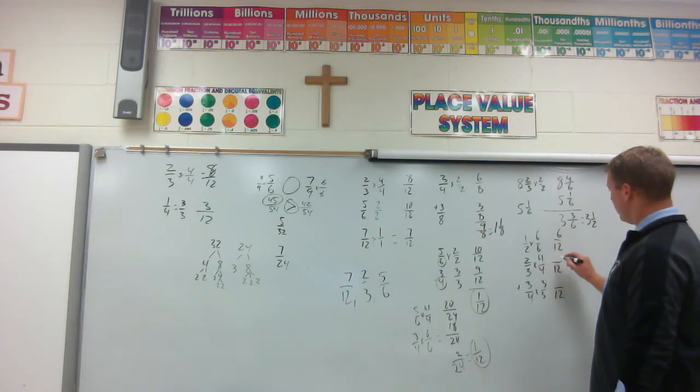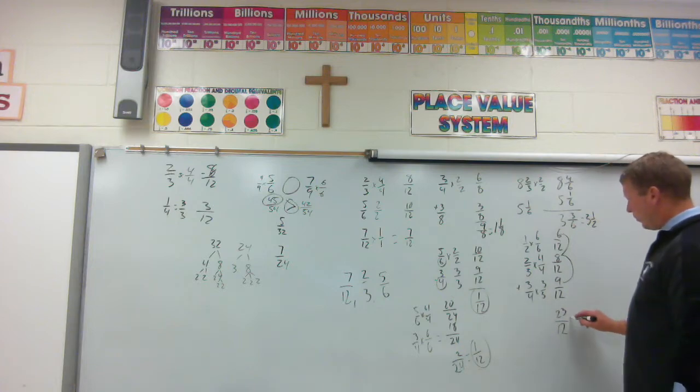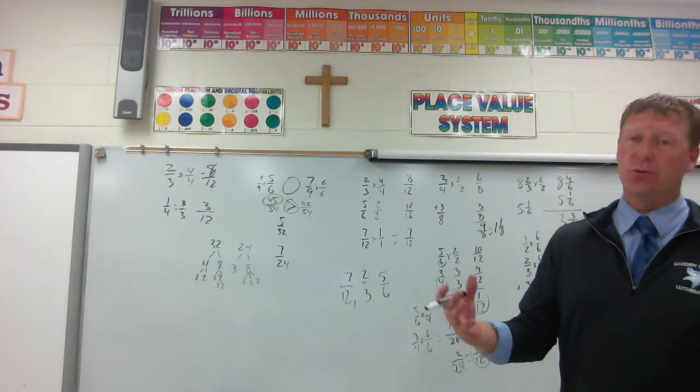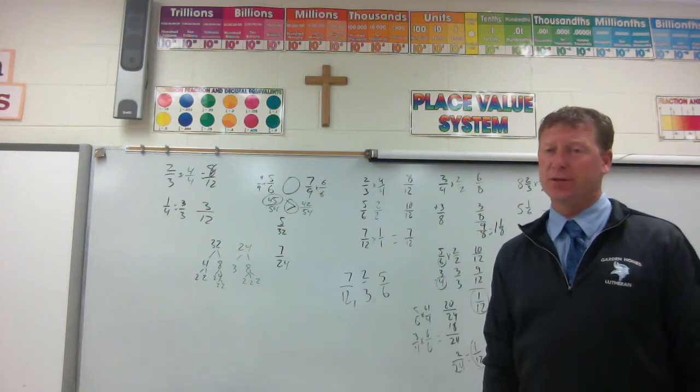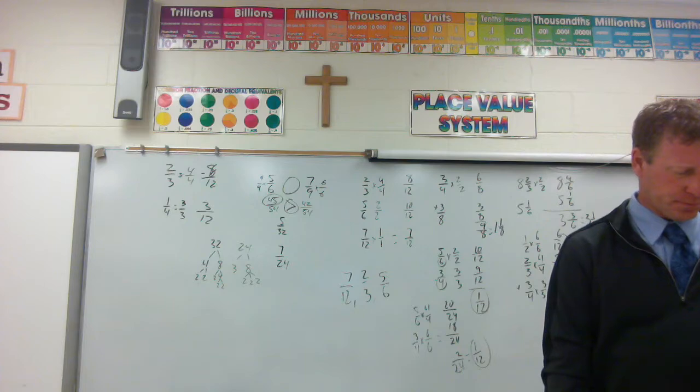Multiply 6, multiply 8, multiply 9, add: 14, 23. So I have 23 twelfths. Divide, 12 goes in there 1 time. Subtract, it's 11 twelfths. I can't reduce that. 1 and 11/12. So with addition, guys, they can give you more than 2 numbers. Subtraction is only going to be 2 and 2, but with addition, they can give you 3 sometimes.